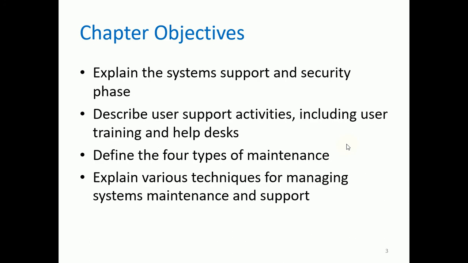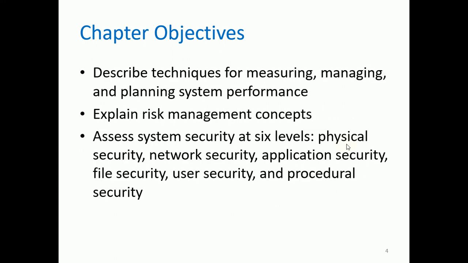So the following are the chapter objectives. Explain the system support and security phase. Describe user support activities, including user training and help desks. Define the four types of maintenance. Explain various techniques for managing systems maintenance and support. Describe techniques for measuring, managing, and planning system performance.